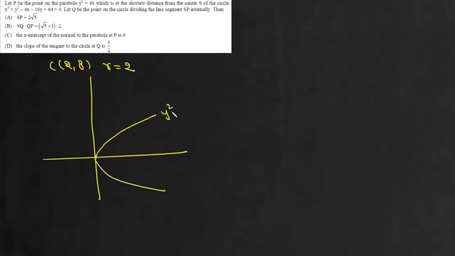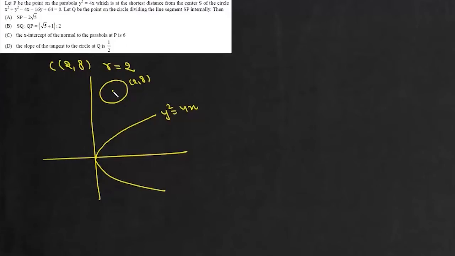Then, which of the following options is or are true? So we have this parabola, y square equals 4x, and then we have this circle which is at (2, 8) and radius equals 2 units.